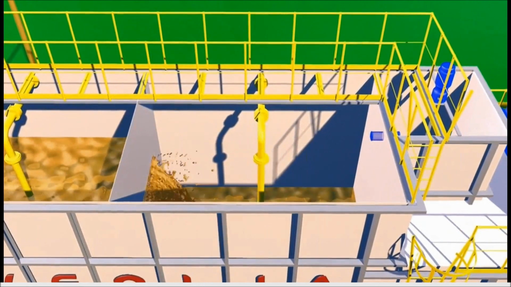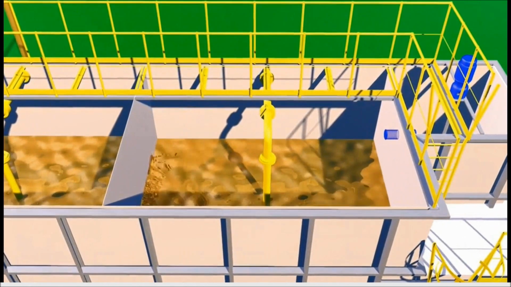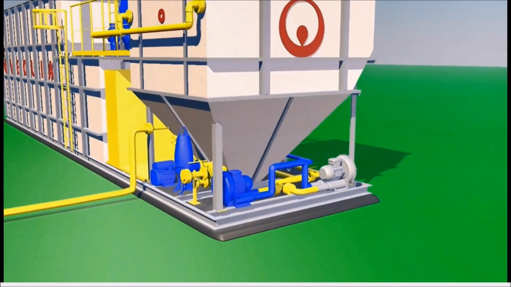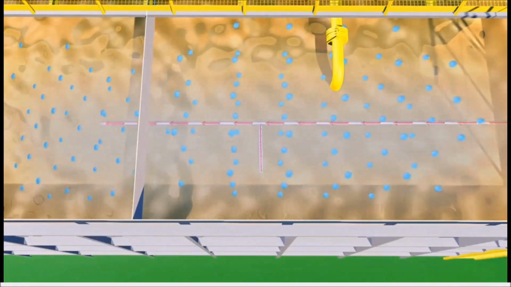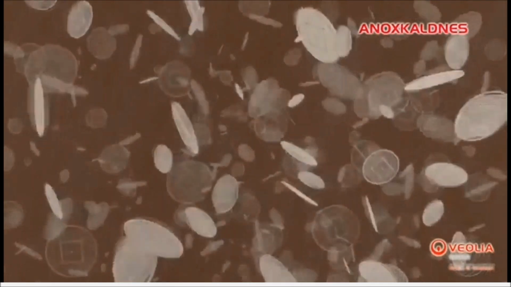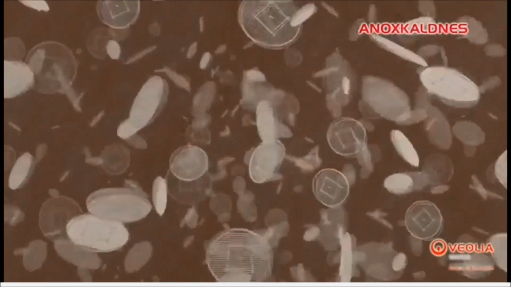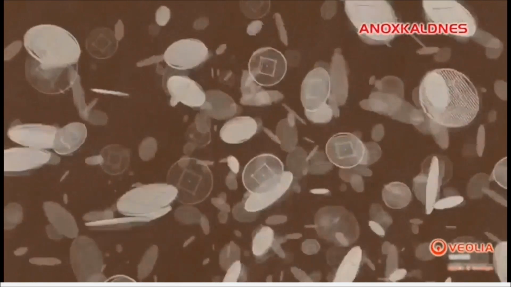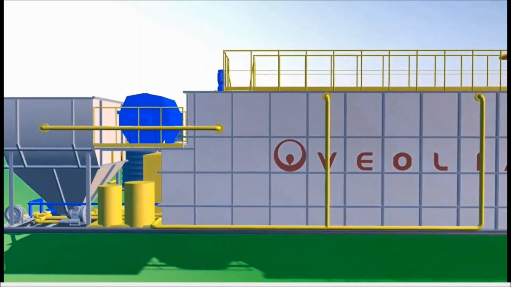Then sewage passes to the second MBBR tank where nitrification occurs. Here we use an air blower to give oxygen to bacteria and keep the media moving for the process to take place. We use a high efficiency media type.